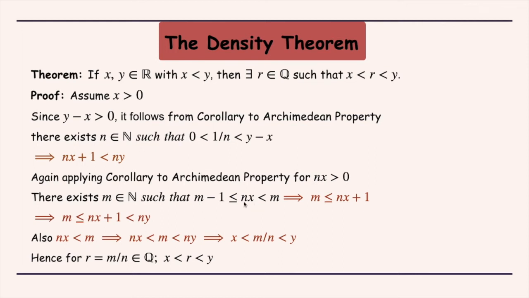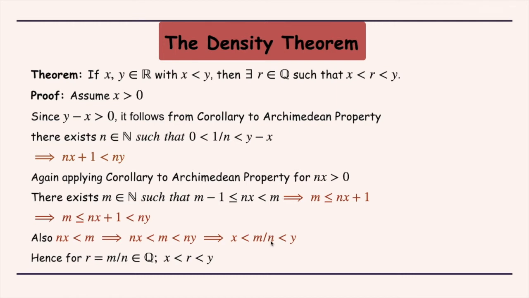So, we are using this part and we get a relation that nx is less than m. Now, further we also know that m is less than ny. So, combining these two, we can say that m lies between nx and ny, and hence m by n, which is existing because n is a natural number and hence it is not 0.